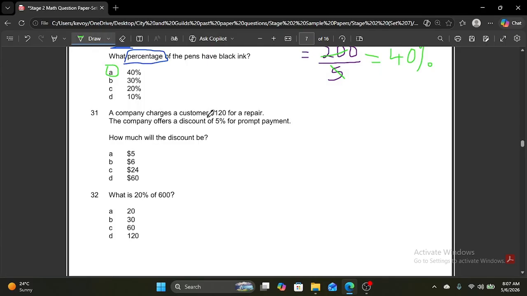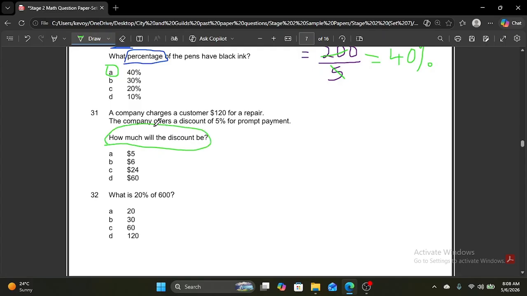A company charges a customer $120 for a repair. The company offers a 5% discount for prompt payment. So that means the company charges a customer 120, but because the customer paid early, it gave him a discount of 5%. So first, how much discount will it be?